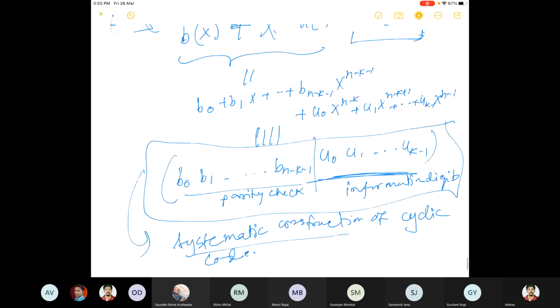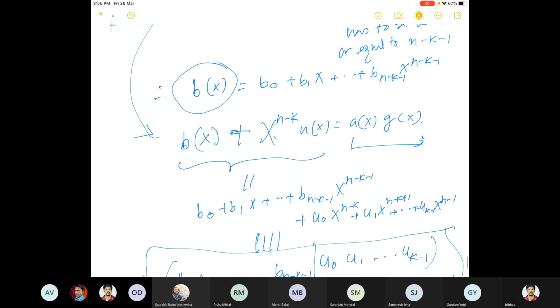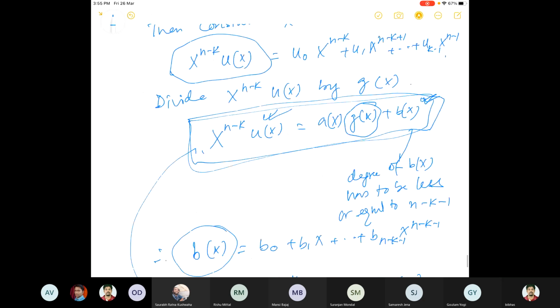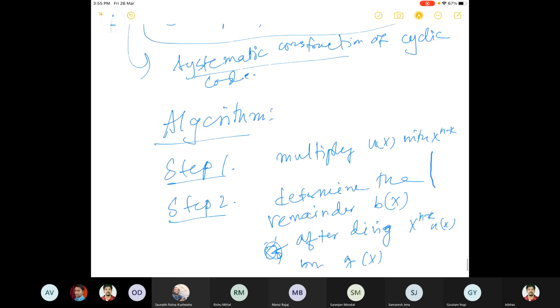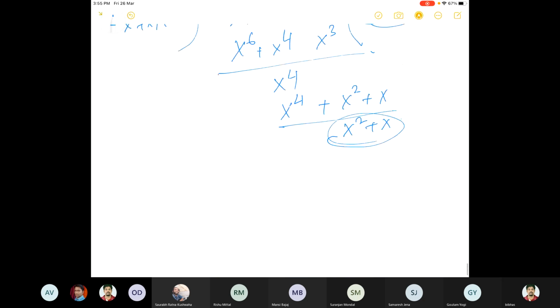This is what I am looking at, right? Here. So I got ax, I got bx, but I am only interested in bx. Thus bx is equal to x square plus x.